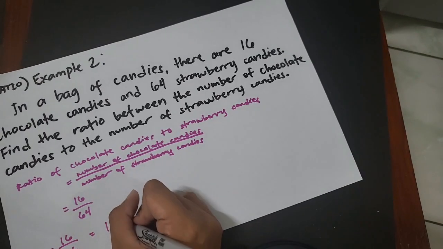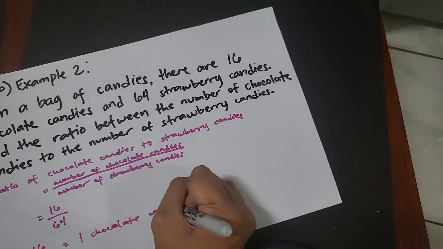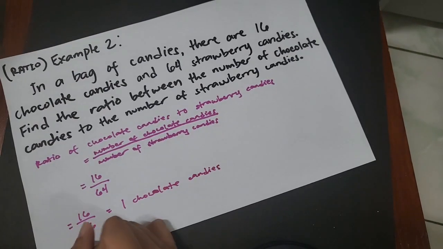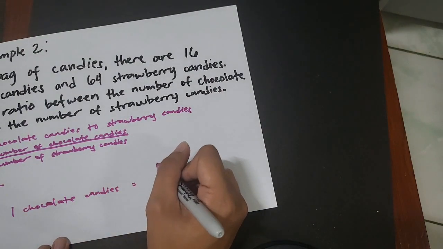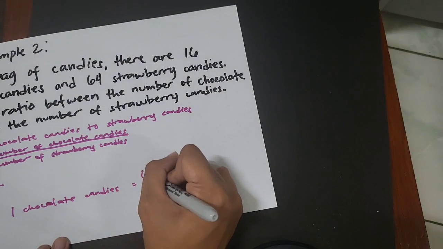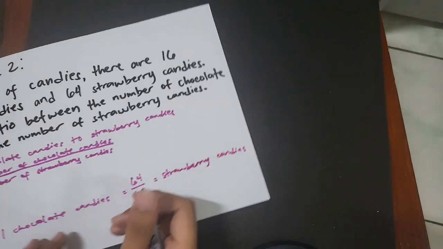So, ito naman, chocolate candies. And then, yung strawberry, 64 divided by 16 is 4.